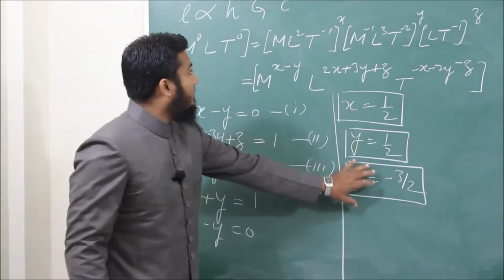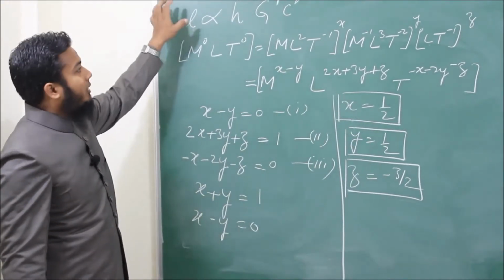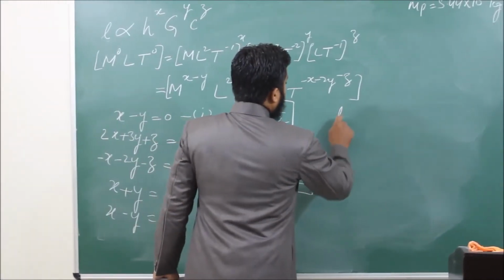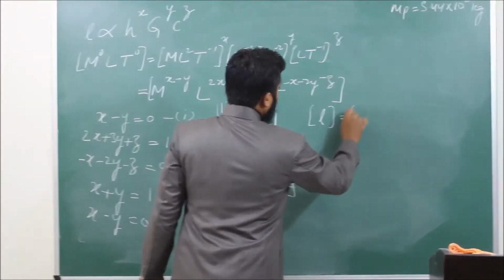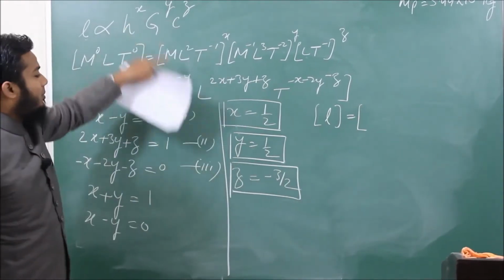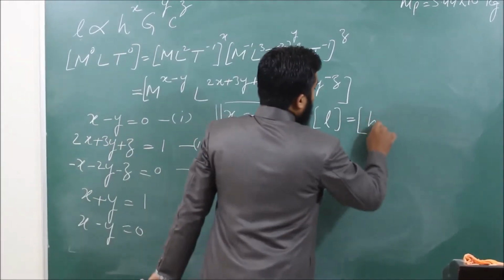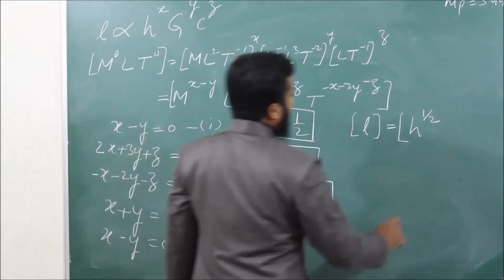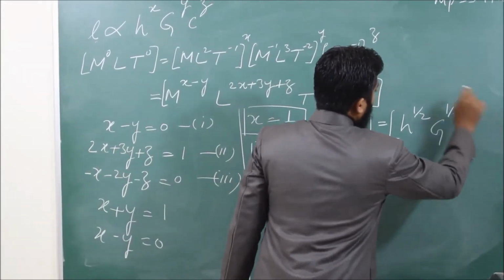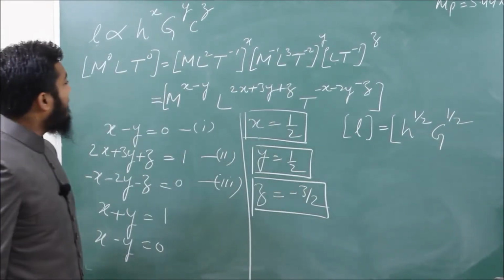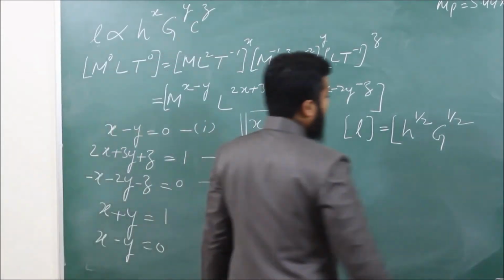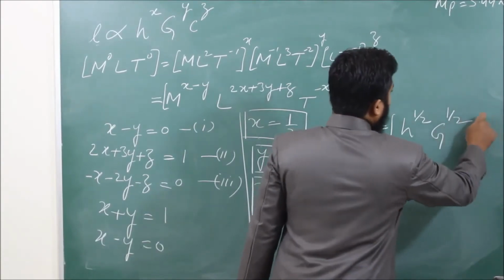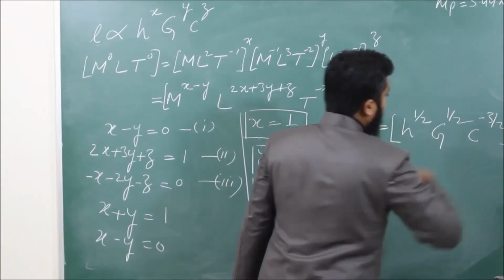Now put these values in this equation and you will get the dimensional formula for length in terms of H, G and C. So the dimensional formula for length will be H raised to the power X, X is plus half, so H raised to the power half, G raised to the power Y, which is again half, so G raised to the power half, and C raised to the power Z. Now Z is minus 3 by 2. Sorry, yes. So C raised to the power minus 3 by 2.